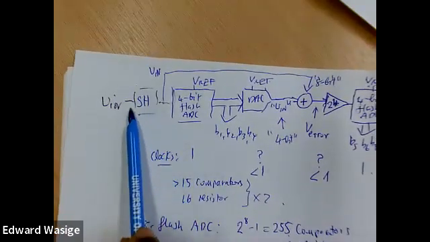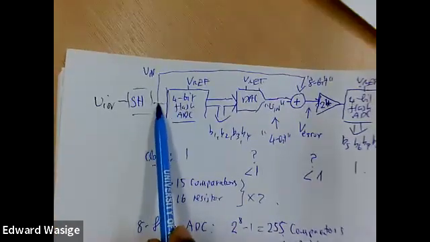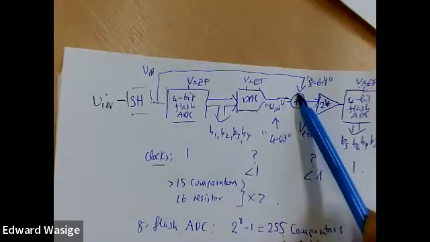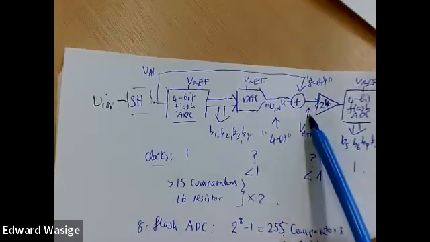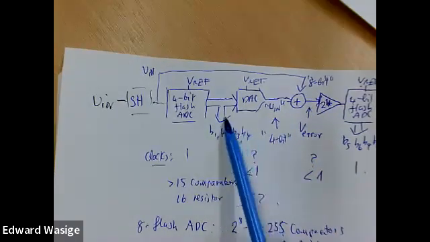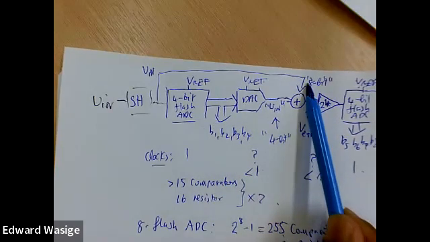We particularly need it when we do this type of ADC, because this input voltage, we need to use it to determine the difference between the representation from the first 4 bits and the actual input voltage.